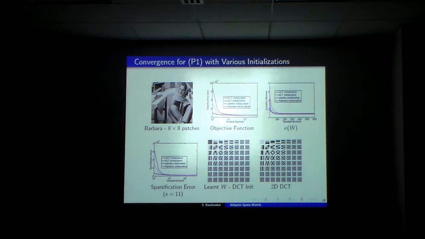Here we plot the objective function, the condition number of the transform, and the sparsification error, which is the first term in our cost function, for various initializations like the DCT, the KLT, which is the Karhunen-Loève transform, identity, and random Gaussian initialization.